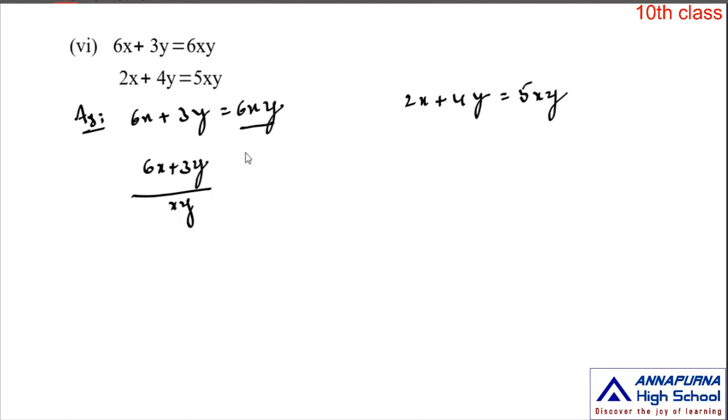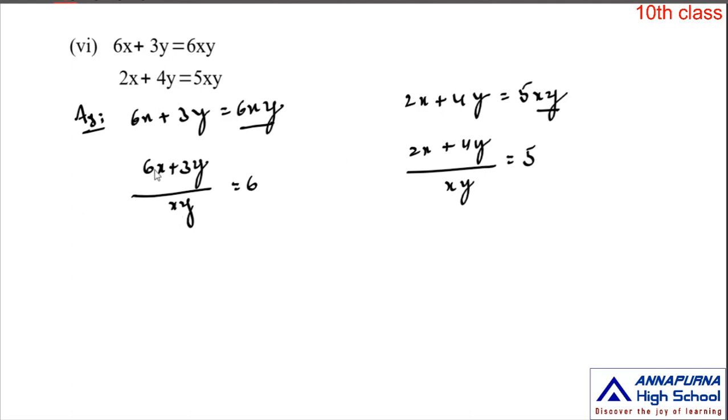So when you transpose this xy to left side, it divides. 6x plus 3y by xy is equal to 6. And the second equation also we apply the same. Transpose this xy to left side. Then 2x plus 4y by xy is equal to 5.